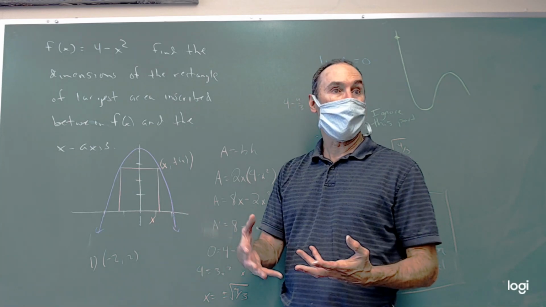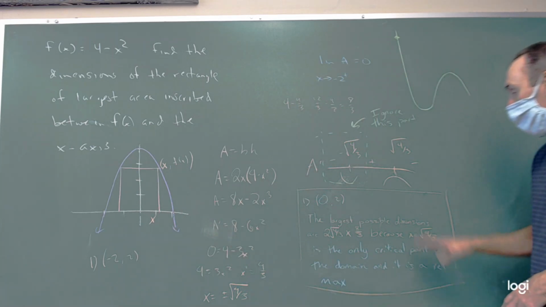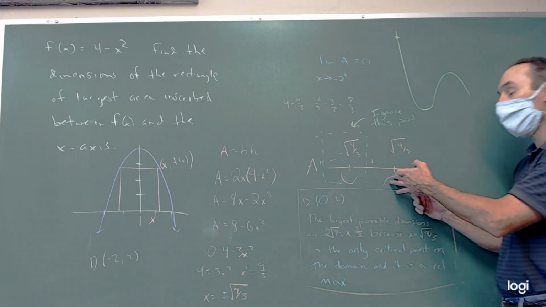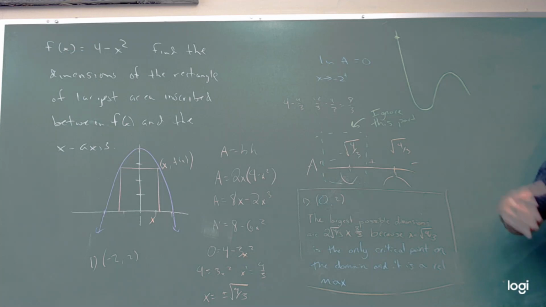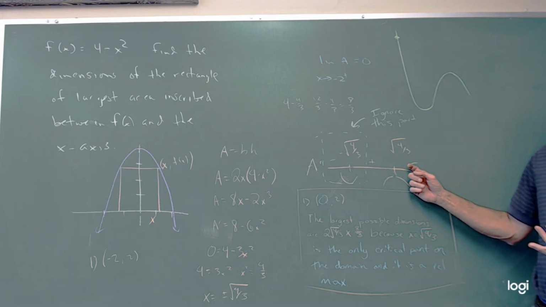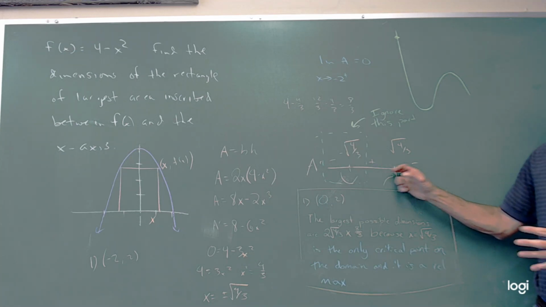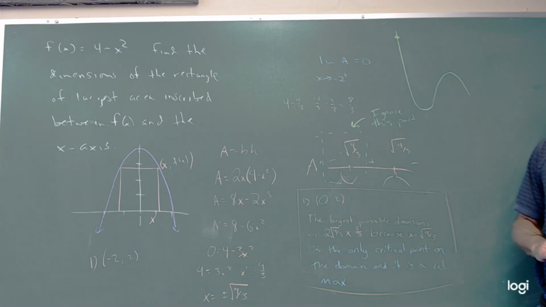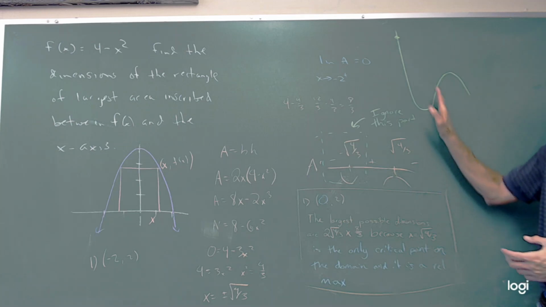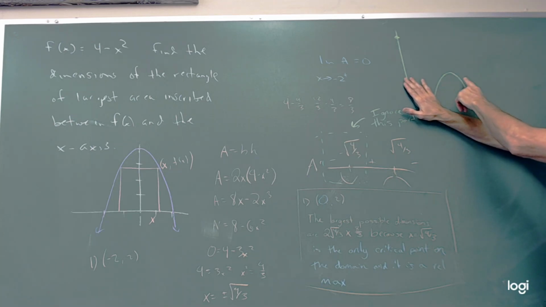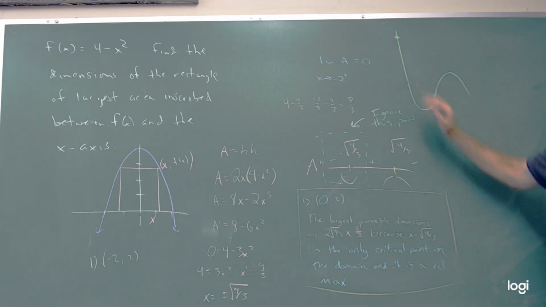And if you do that, then your life becomes much easier, because now there's only one critical point on that domain. And now you can argue that because that's a relative maximum, because the derivative goes from positive to negative, and it's the only critical point, then that relative maximum, that we're seeing here, is the absolute maximum.